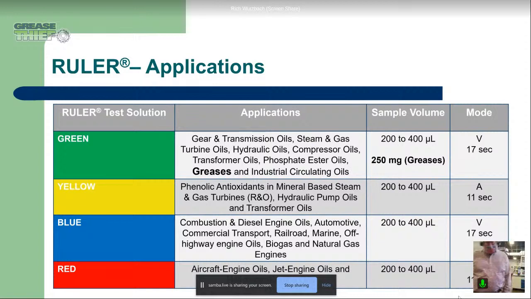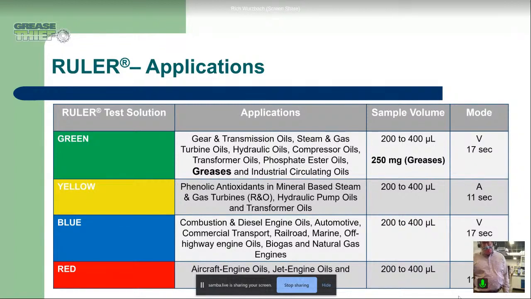The green solution is the one that we use for greases. You can see green, yellow, blue, and red, and they're, again, for those different chemistries, like diesel engine oils, aircraft engine oils. Some have to do with the chemistries and differences in the base oils and so forth. But you have different volumes that you can use depending on how heavily spiked, let's say, the antioxidants are in a given formulation, and we sometimes have to adjust the liquid sample values up and down.